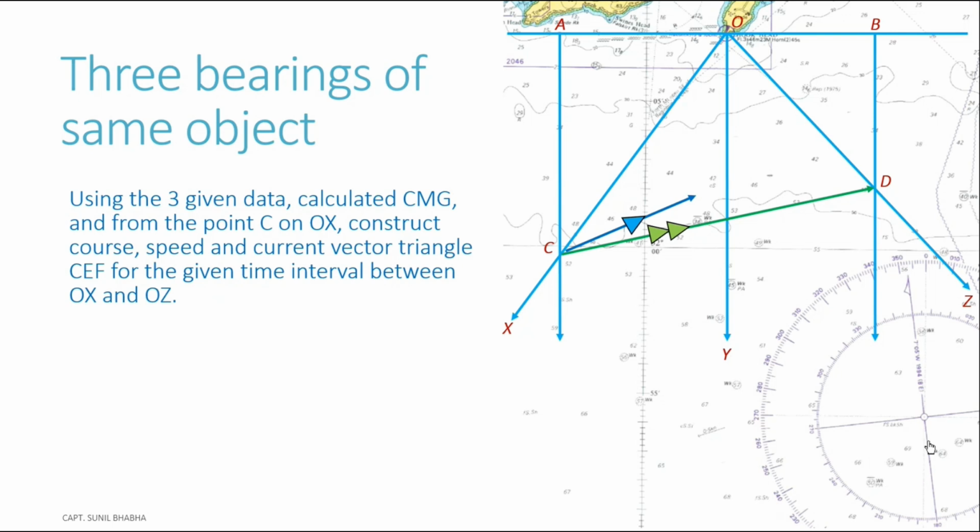This leeway track vector, the blue color vector, we have to make sure that the length of this vector corresponds to the distance traveled by the ship between the first bearing line and the third bearing line.